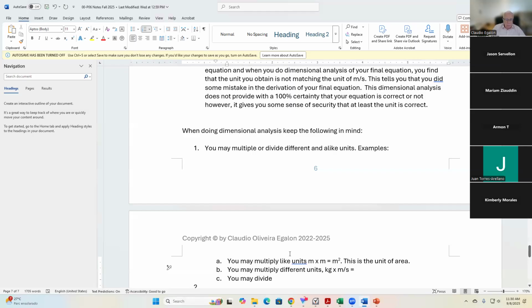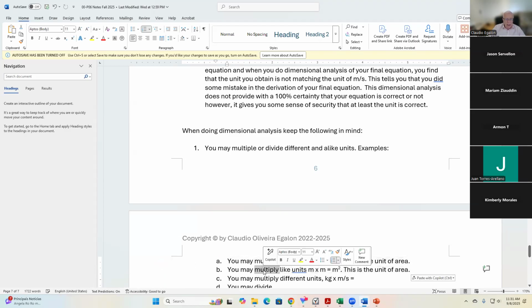You may multiply or divide like units. Okay. Here's the case of multiplication of like units, but you can also have division. Let's put different lines here. You may multiply like units.